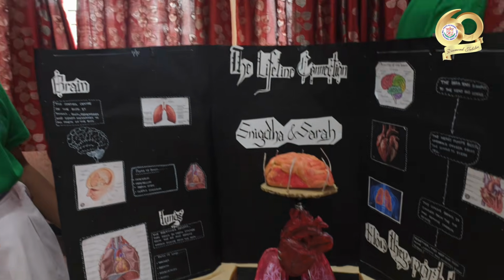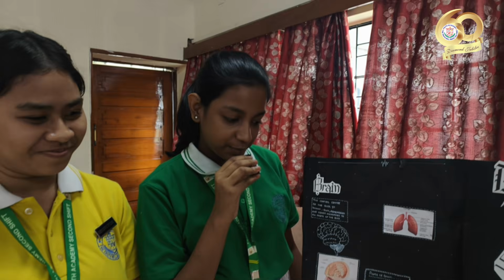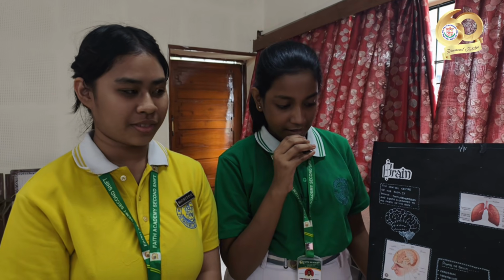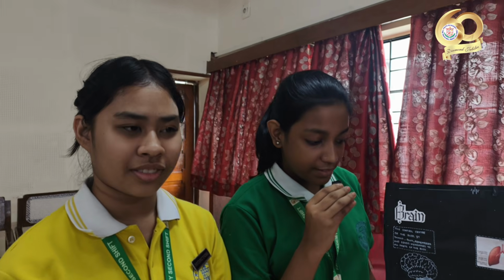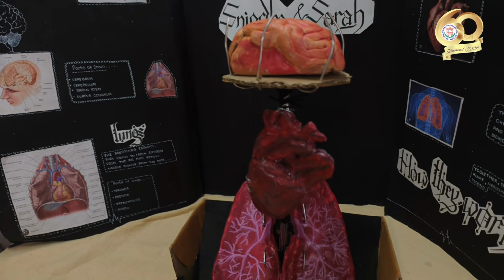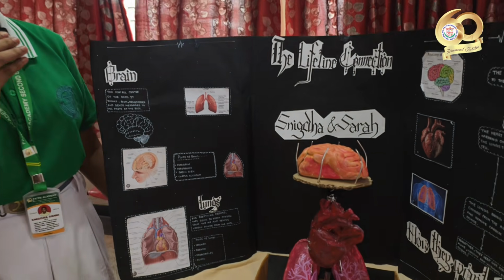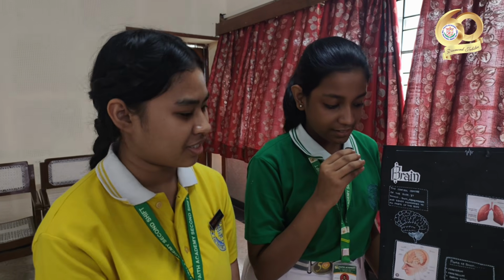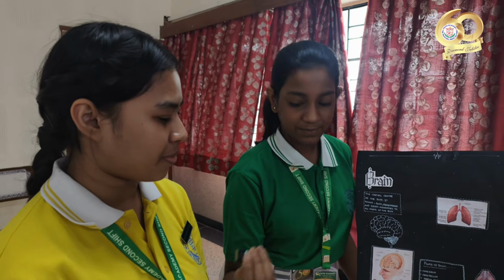The right side of the heart sends oxygen-poor blood to the lungs, and there are some parts like the aorta, the largest artery, and the valves, which help keep the blood flowing in a straight direction and prevent backflow.